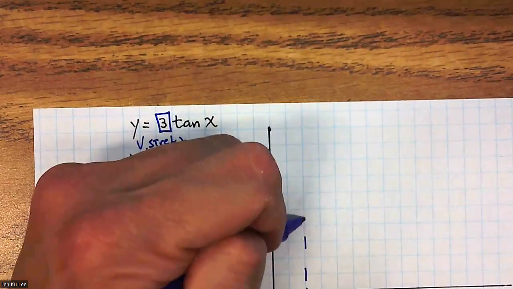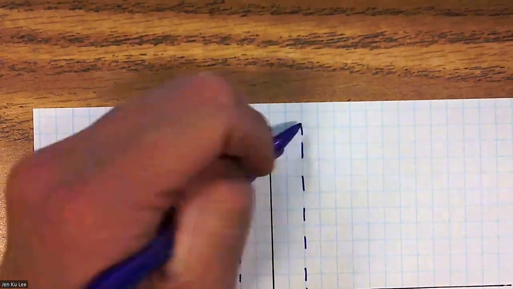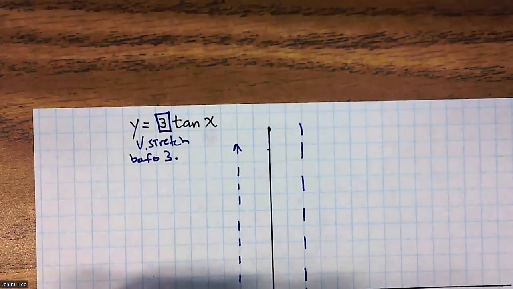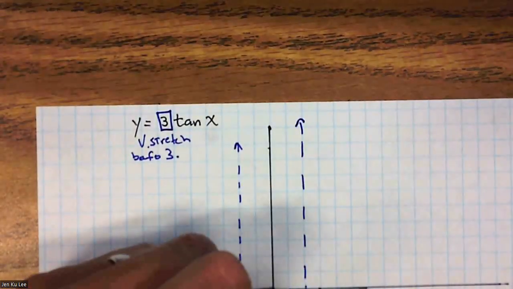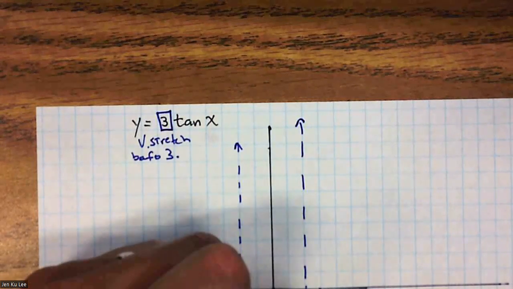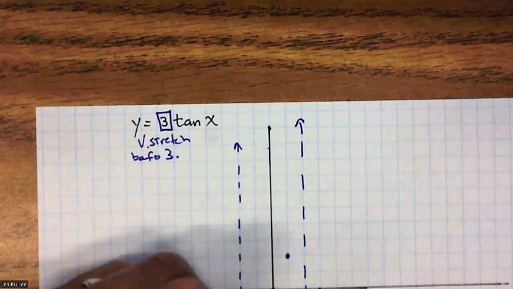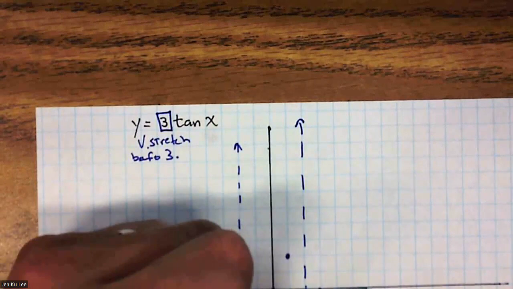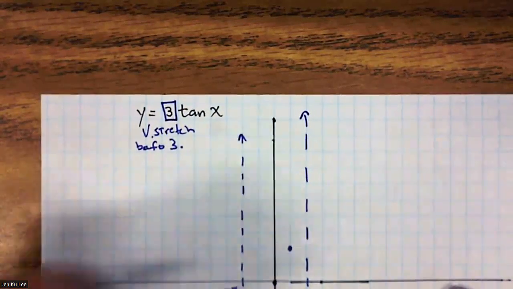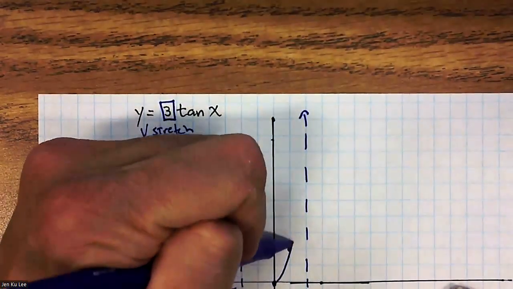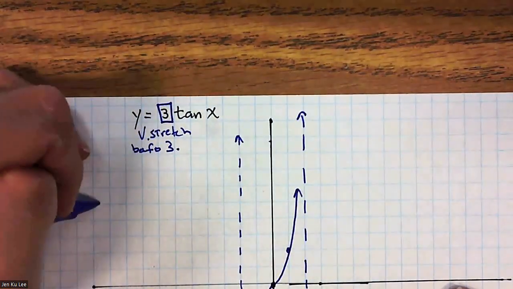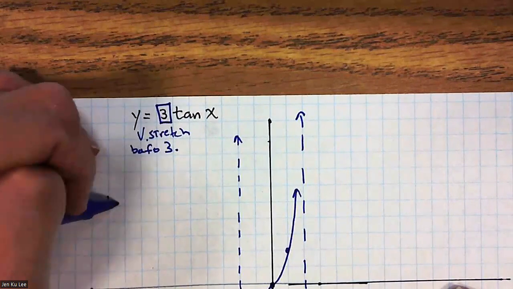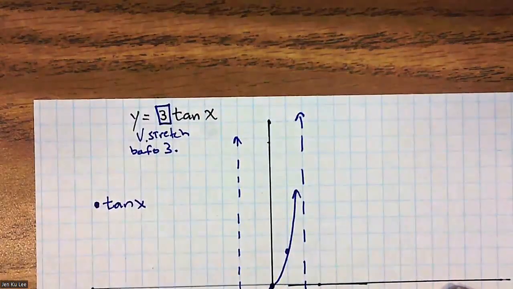Here is my vertical asymptote. In between is 0. In between here is 1. In between here is -1. So here is my parent function, that's just tangent of x.